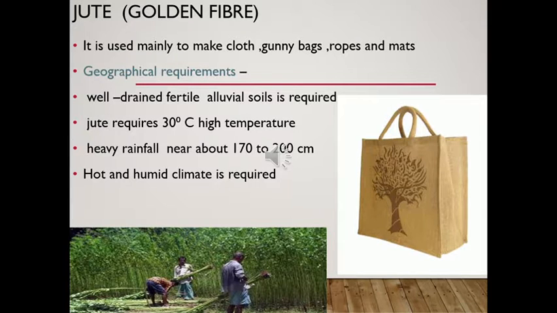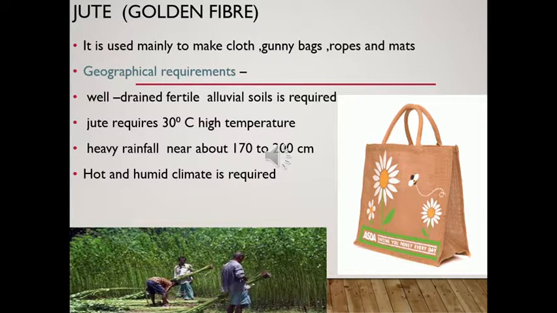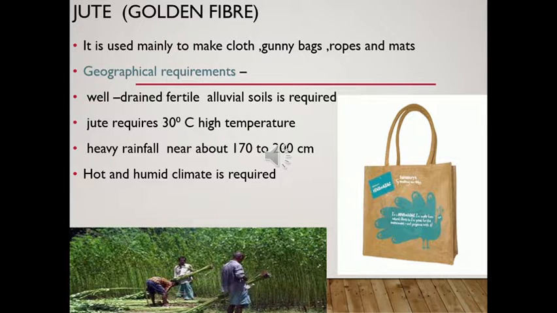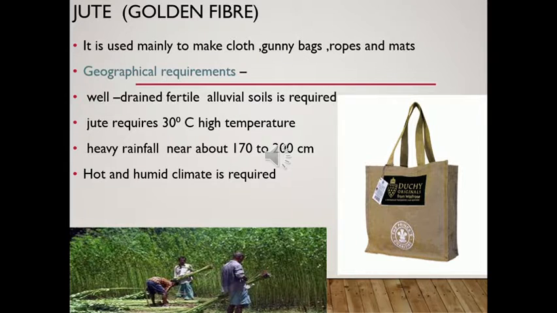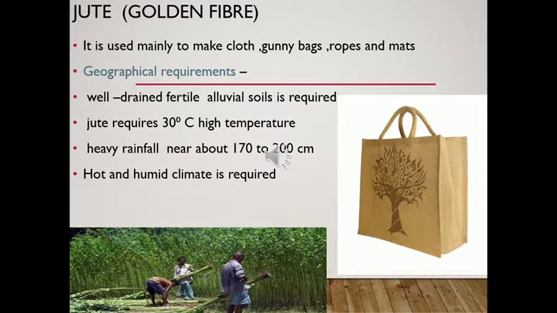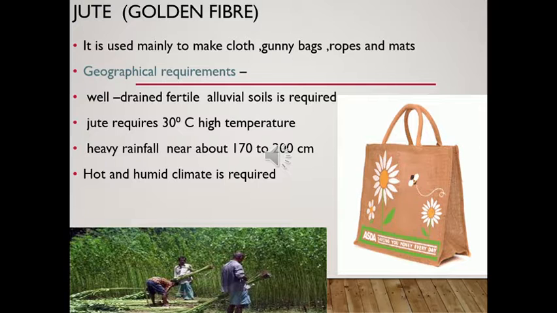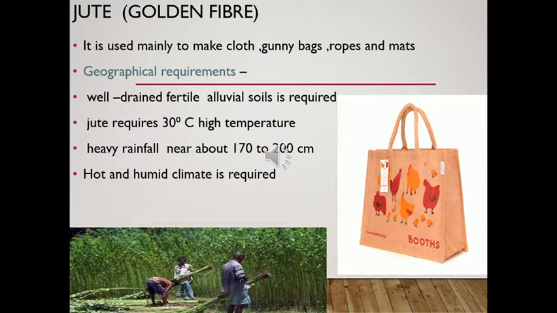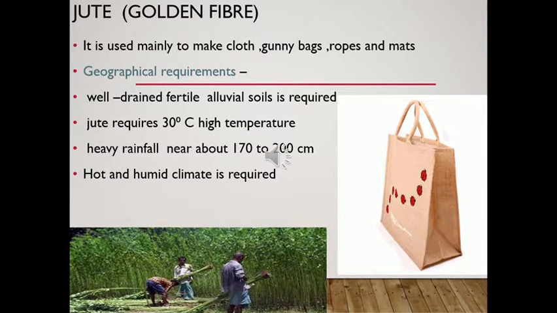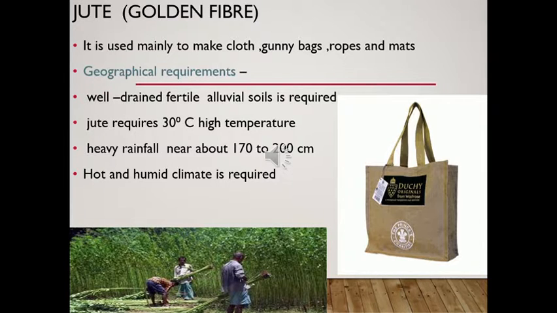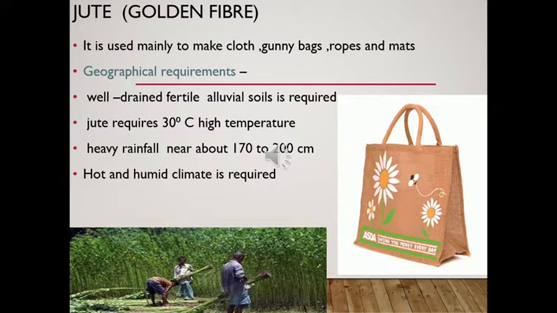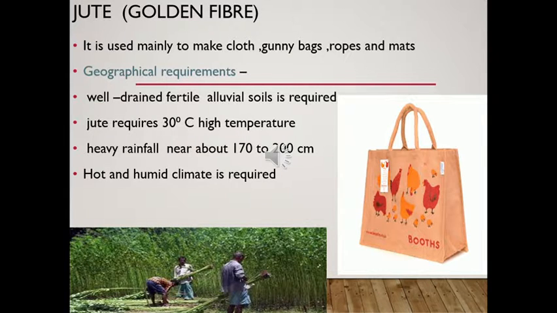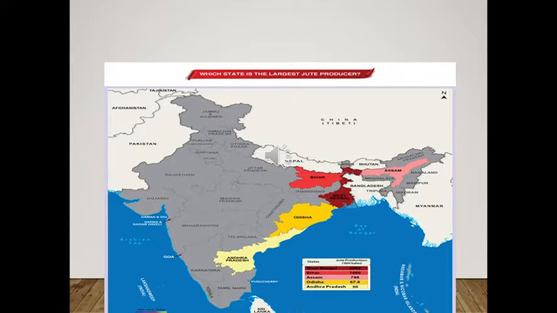It grows well in alluvial soil and requires high temperature, 30 degrees centigrade, and heavy rainfall, near about 170 to 270 centimeter, and humid climate. It is grown mainly in tropical areas. India and Bangladesh are the leading producers of jute.